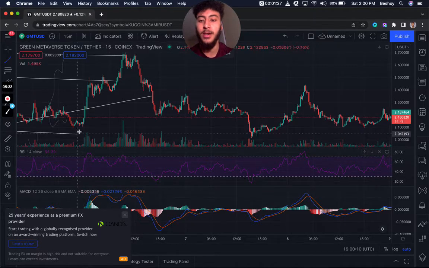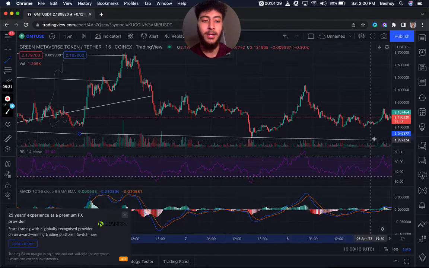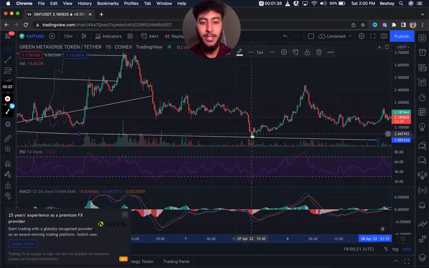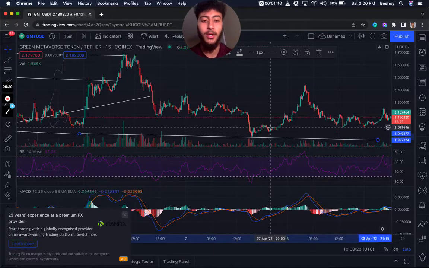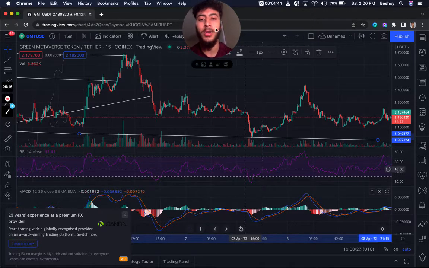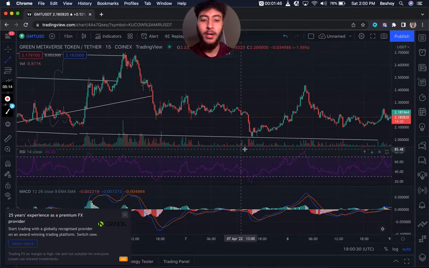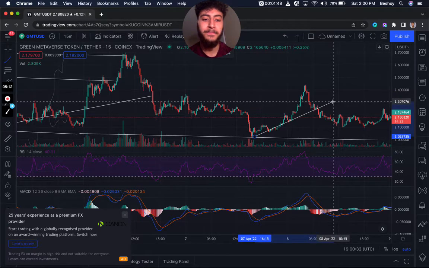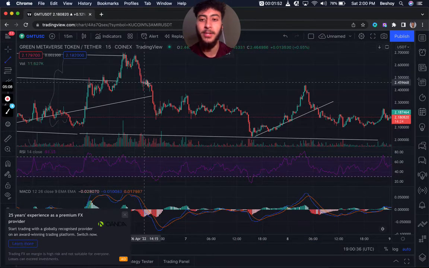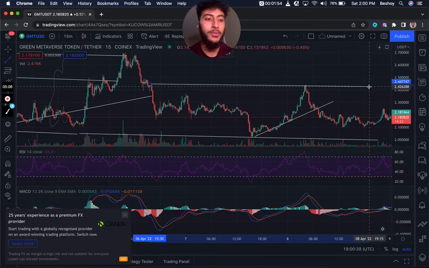As you can see in the 15 minutes, price has so far been respecting these levels. When price decided to fill up these gaps, we went back down to these levels where we were oversold, and we also saw the MACD indicating there was going to be a cross. Right after that we saw our uptrend occur, and I believe it went up to fill in the gaps we had before in the market, which was about 2.42.